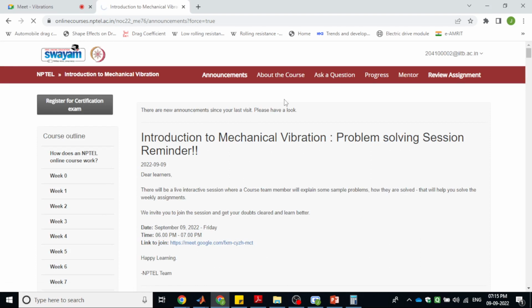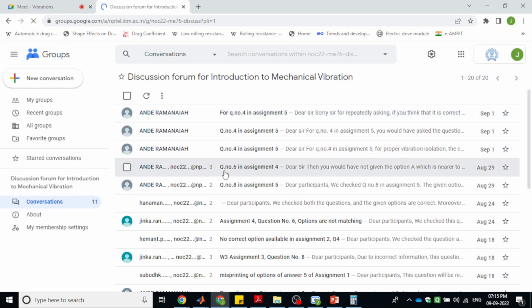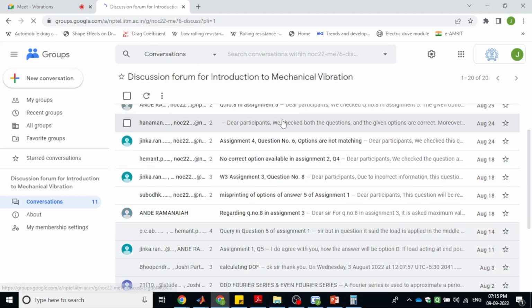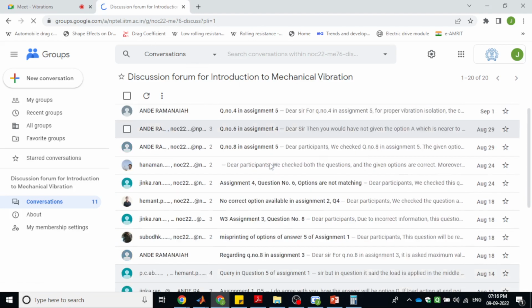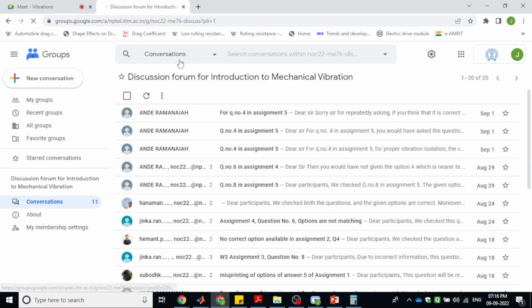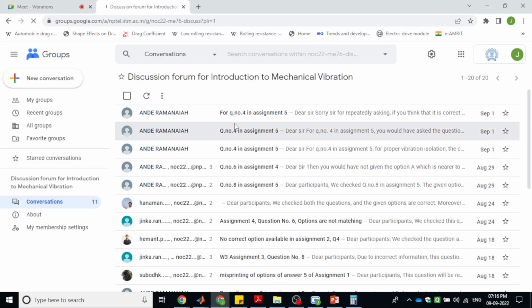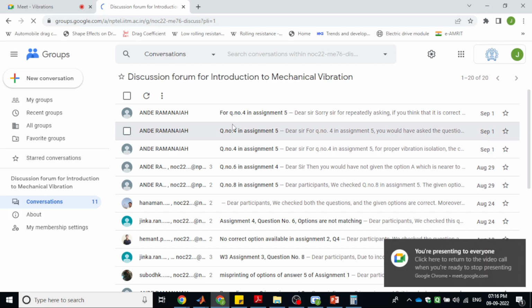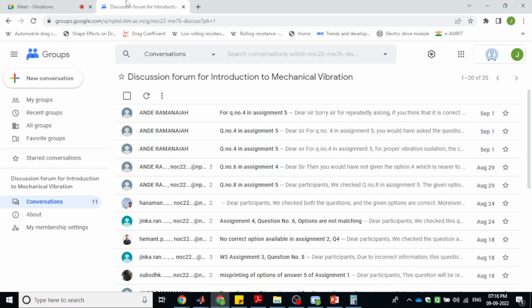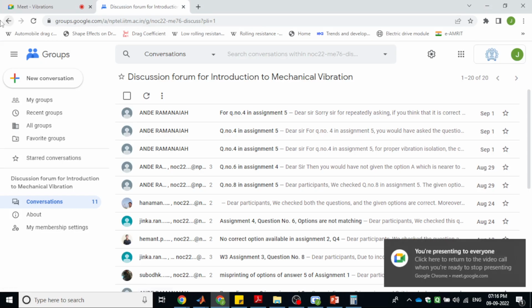I actually downloaded the Swayam app on my mobile. It will also have a similar kind of structure. I will check once again in that. Otherwise, on the screen it will be there.